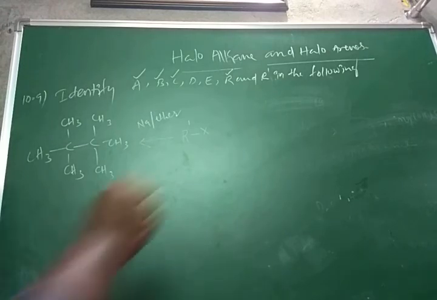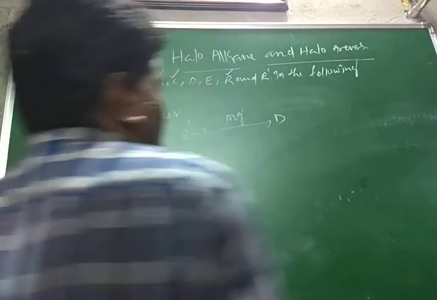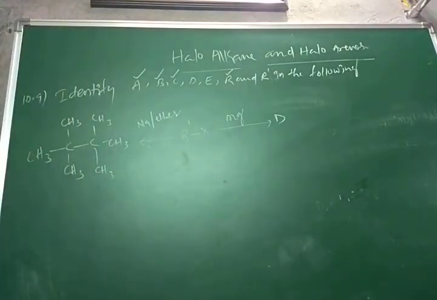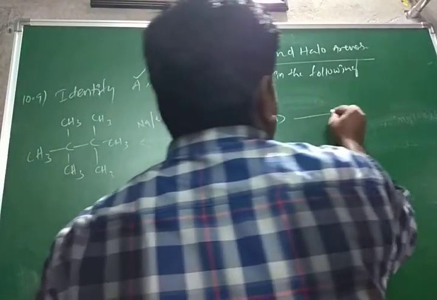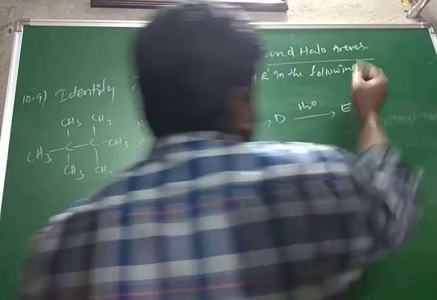The same thing reacts with magnesium and forms the D product. On hydrolysis, this product D forms the E product.